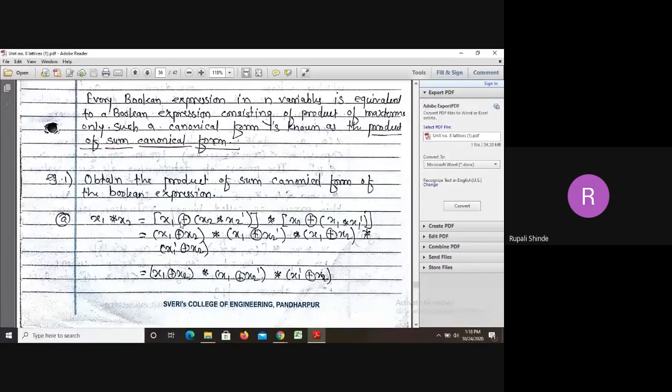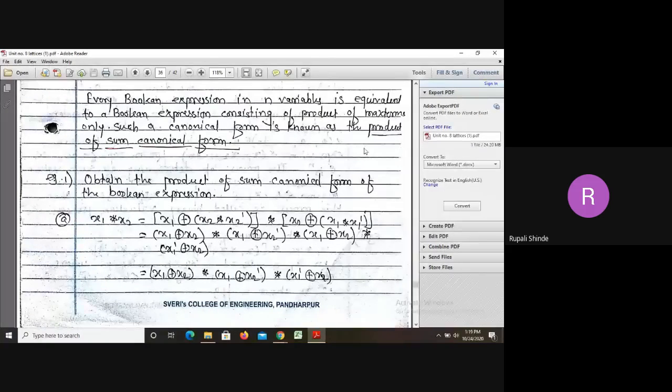So for PDNF, while adding the new symbol or missing variable, we have to take AND outside the bracket and OR inside the bracket. And for PCNF, we have to take OR outside the bracket and AND inside the bracket. These things are very important, otherwise you will get the wrong answer.